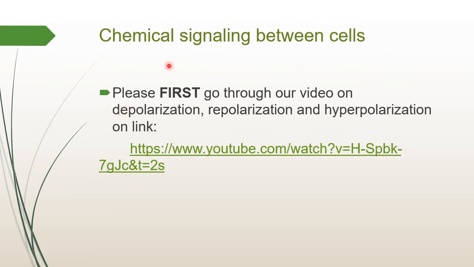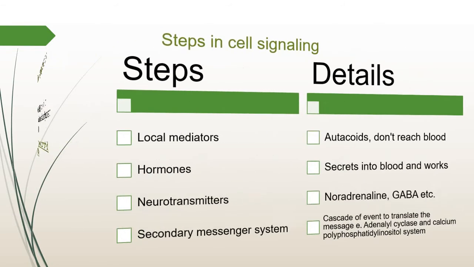Chemical signaling between the cells, whether that is nerve cells or muscle cells. For that, I would urge you to first go through our video on depolarization, repolarization, and hyperpolarization, available on this link. That will make your concept very easy, because then you can understand the events happening at the level of adrenergic nerve endings.